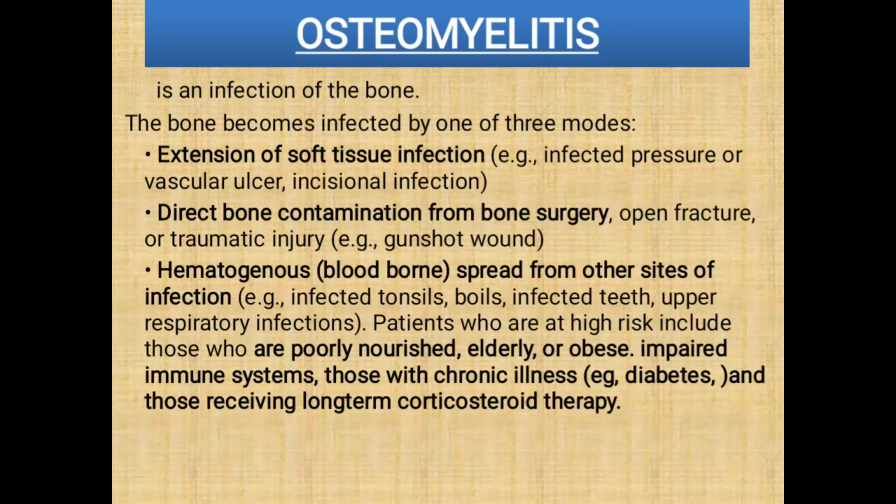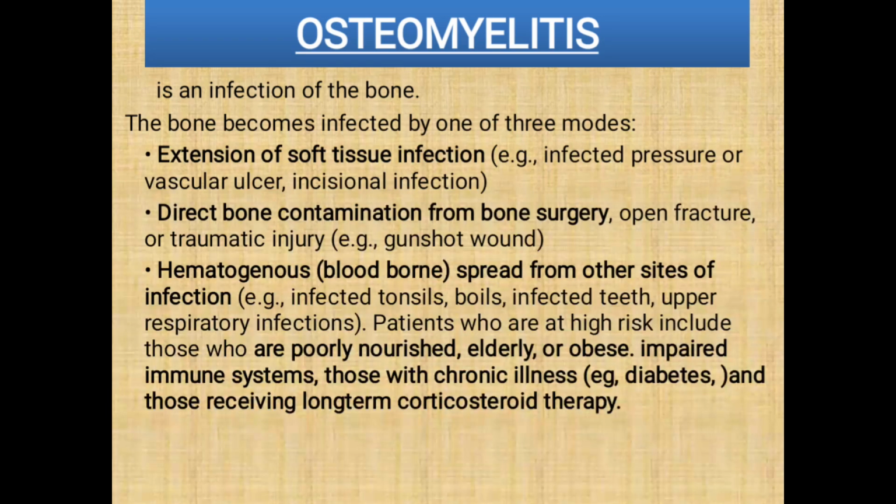So tumejua osteomyelitis ni infection of the bone. It's an infection like any other infection which can infect anywhere. So the bone gets infected through 3 ways. First way ni extension of the soft tissue infection. Kama kulikuwa na soft tissue infection inafika hadi kwa bone sasa. Kuna direct bone contamination from bone surgery. Na pia kuna hematogenous, ukisikia tu hema inamaanisha damu.